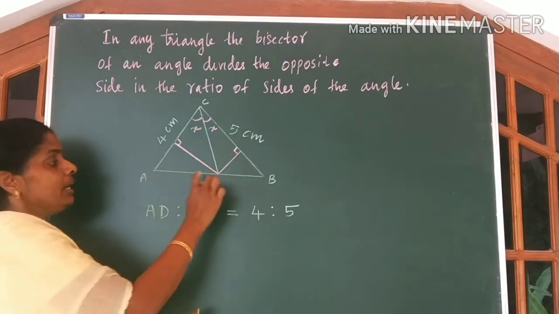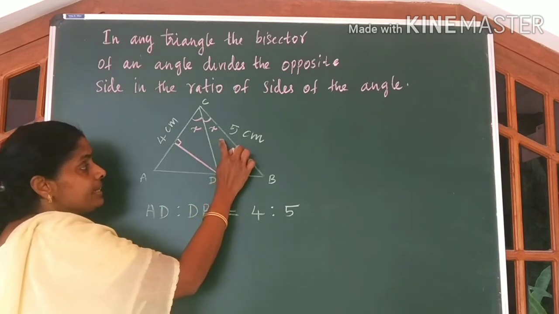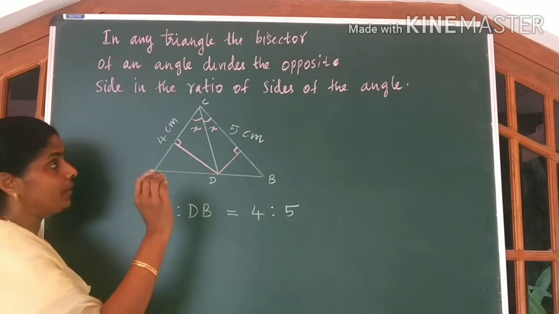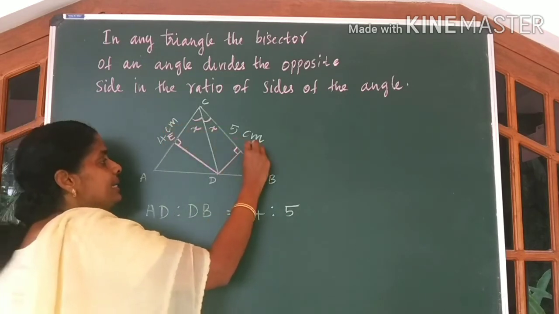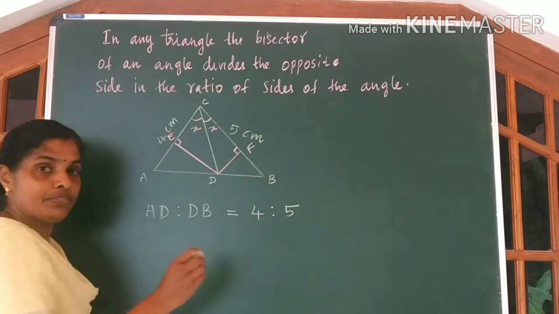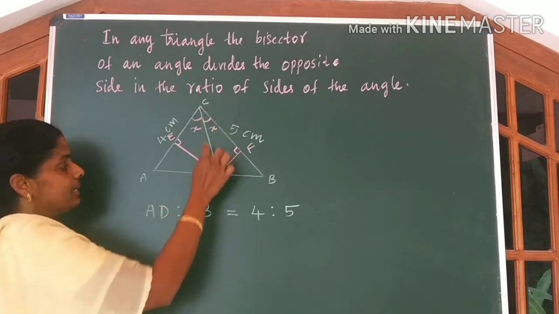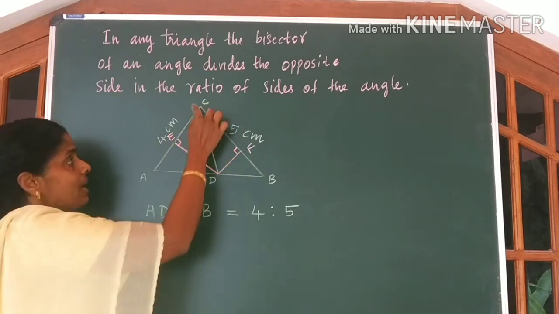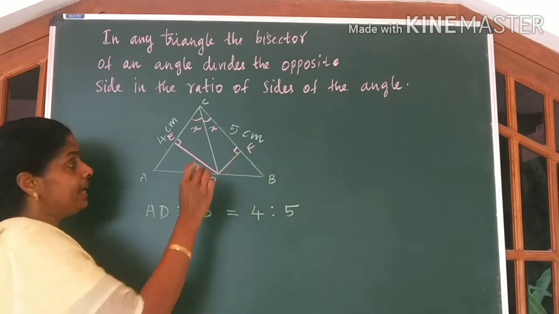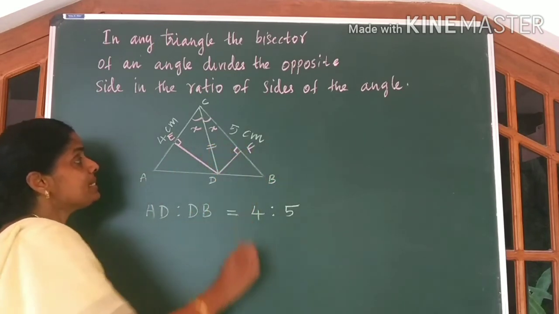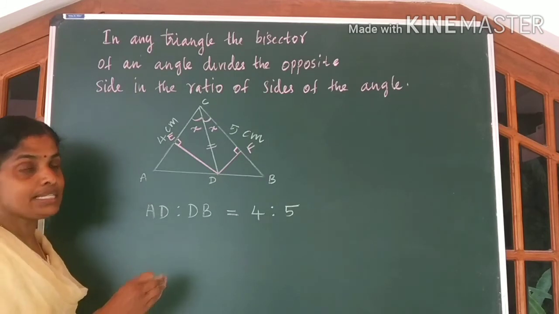Now consider these two triangles alone. Let me name this point as E and this point as F. If you look at triangles CDE and CDF, you can understand this is the common side for both triangles.